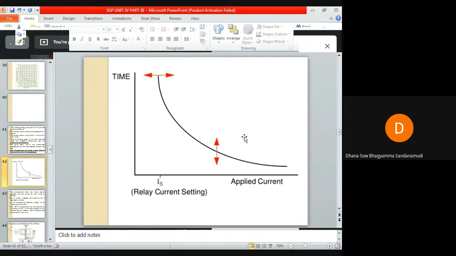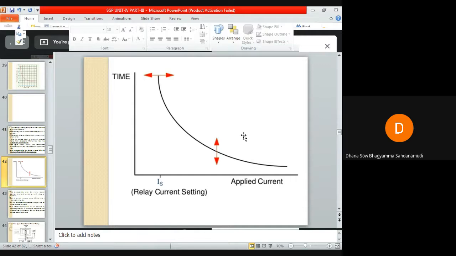A relay cannot be operated instantaneously, that is, immediately as soon as the fault occurs. Of course there are instantaneous relays, but depending on the location and type of fault, all the relays cannot be instantaneous. So this relay is not an instantaneous relay.